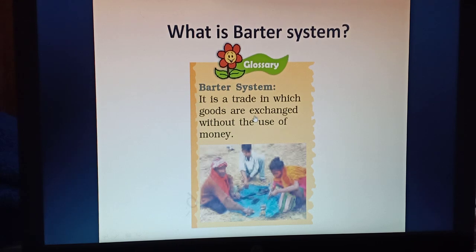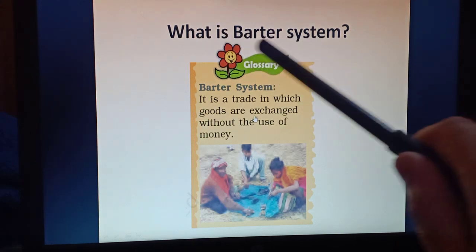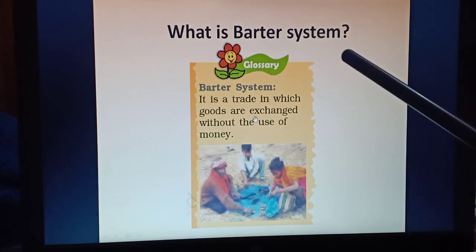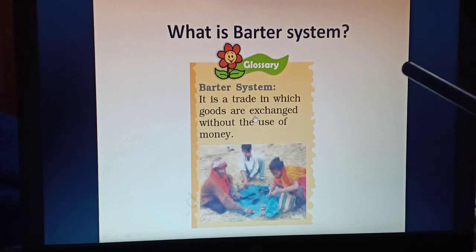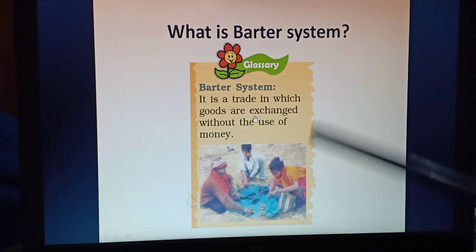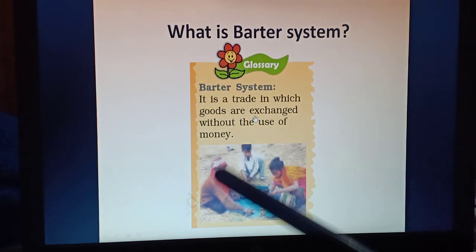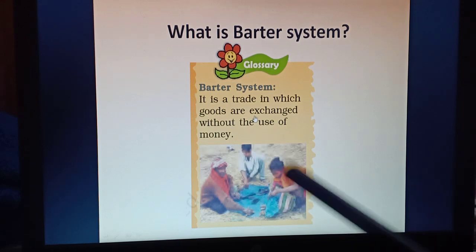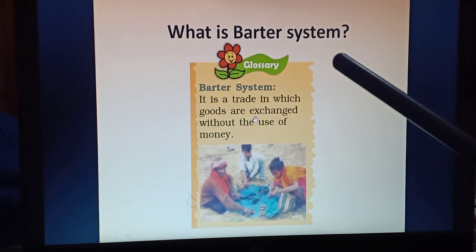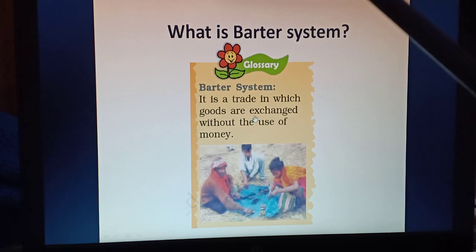In the last slide, I used a term barter system, right? So in this slide we are going to learn about that barter system. So what is barter system? A barter system is an old method of exchange. This system has been used for centuries, long before money was invented.